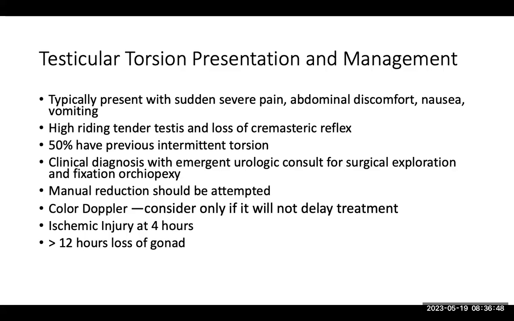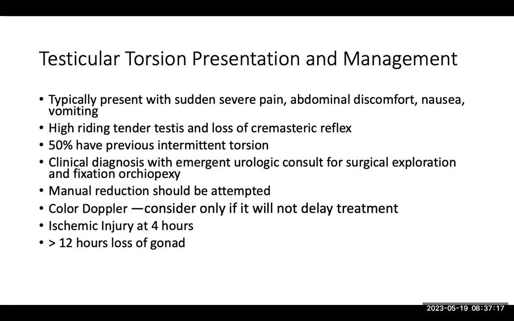A lot of times they'd say that half of this patient population, before true torsion, will have similar, essentially reversible torsions and pain that essentially relieves itself. But this is different than an actual torsion where they're having significant pain acutely. Many times the testicular torsion can be due to trauma, but most commonly it happens spontaneously, kind of out of the blue.